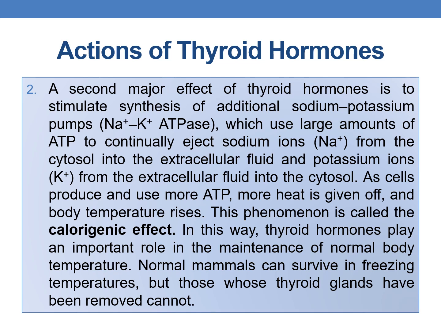As the cells produce and use more ATP, more heat is given off and body temperature rises. This phenomenon is called the calorigenic effect. In this way, the thyroid hormones play an important role in the maintenance of normal body temperature. Normal mammals can survive in freezing temperatures, but those whose thyroid glands have been removed cannot.